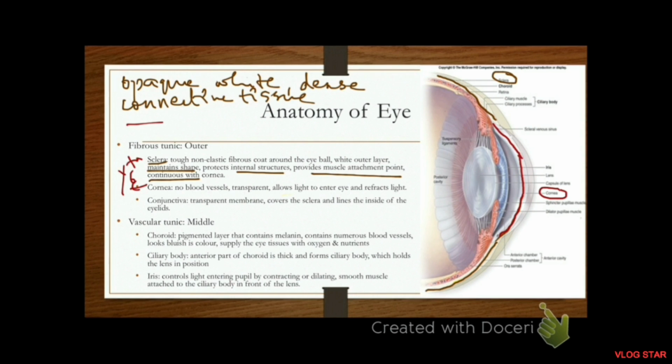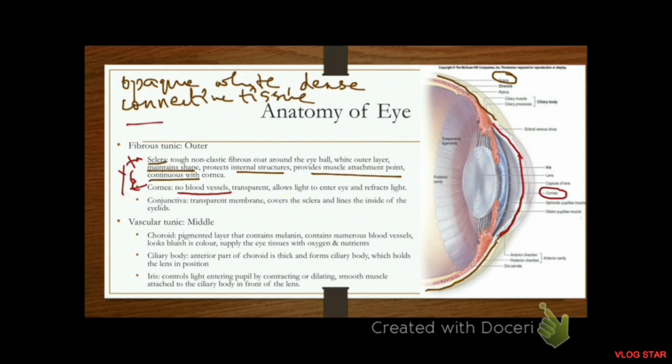Externally it has stratified non-keratinized squamous epithelium, and internally it has simple squamous epithelium. Now this cornea does not have any blood vessels. It's a very thin transparent membrane, and it does not have blood vessels, but it is rich in nerve endings.